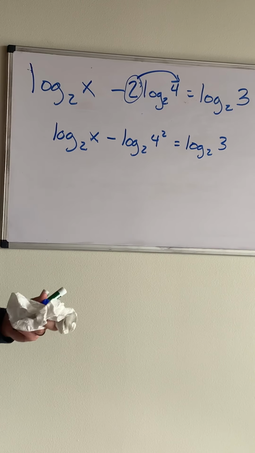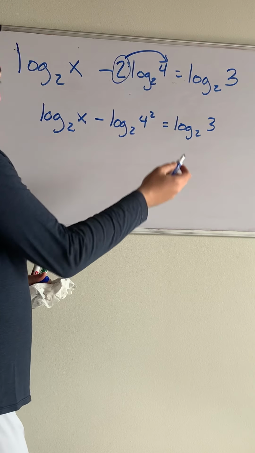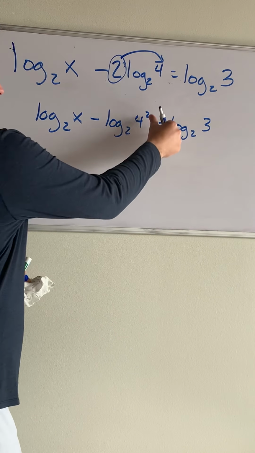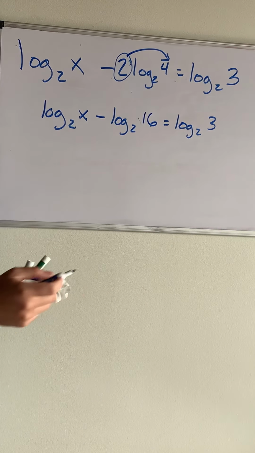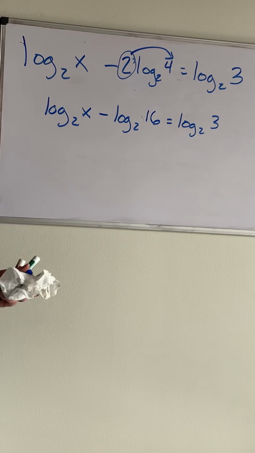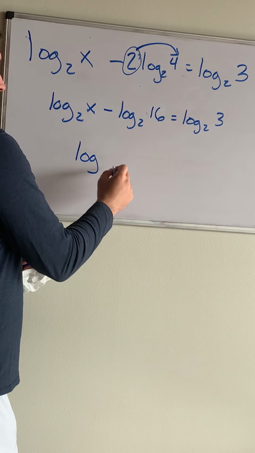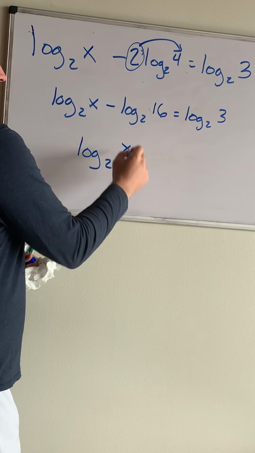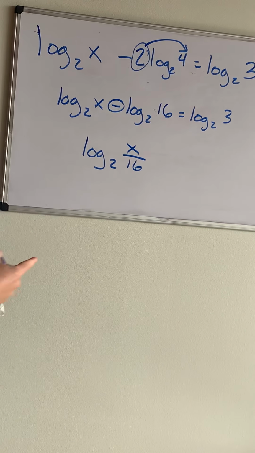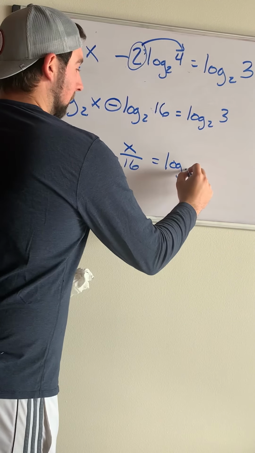I think we're all okay with saying this is equal to 16. All right, so I'm going to erase that. Put 16. Now I have subtraction, which means I have division. So I have log base 2 of x divided by 16, because this subtraction means division, and that equals log base 2 of 3.